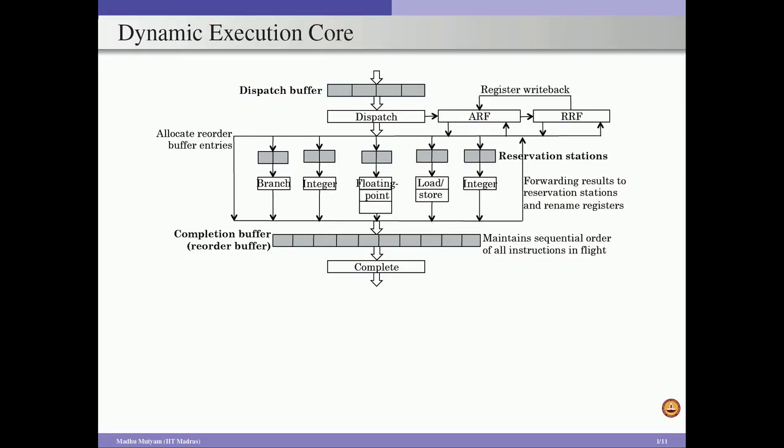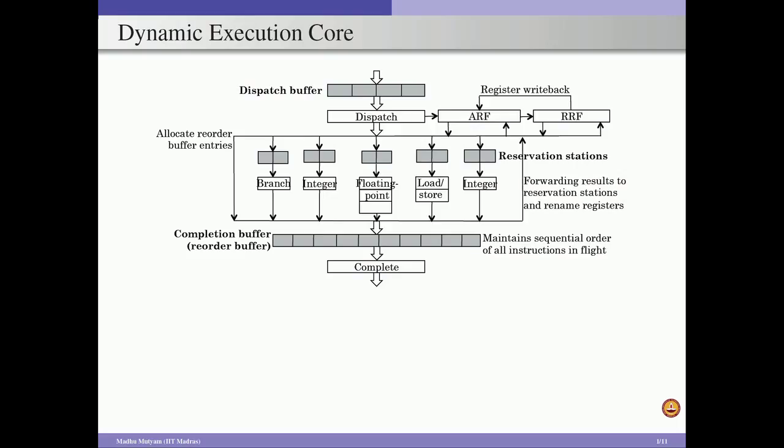Also, whenever the instruction goes through the complete stage, if the value is there in the rename register file, then we will write that value back to the architectural register file by using the mapping mechanism between the ARF and RRF that we discussed in the previous modules.